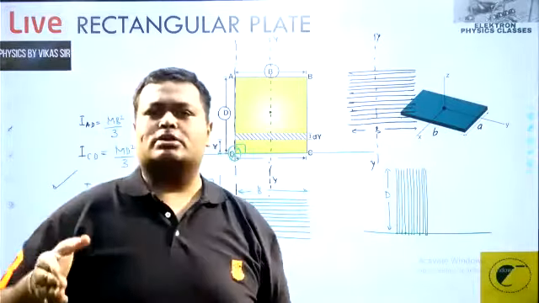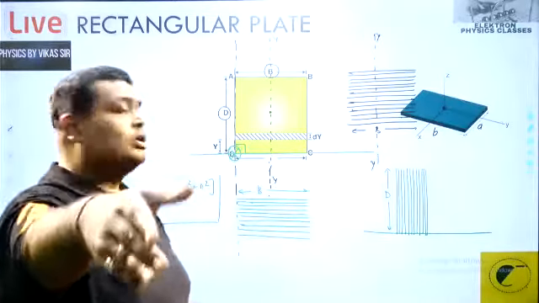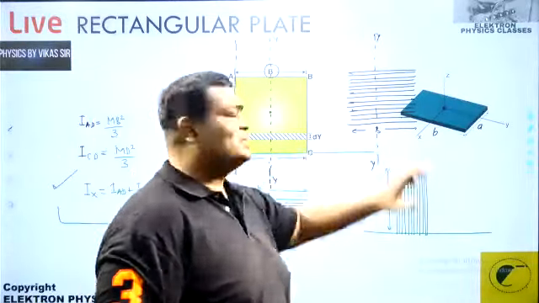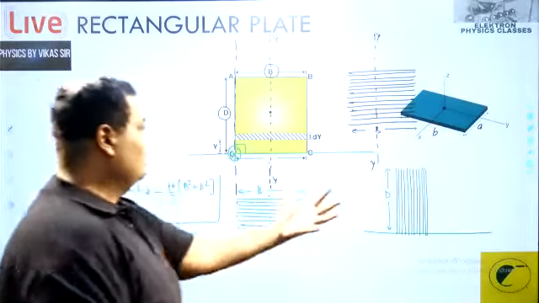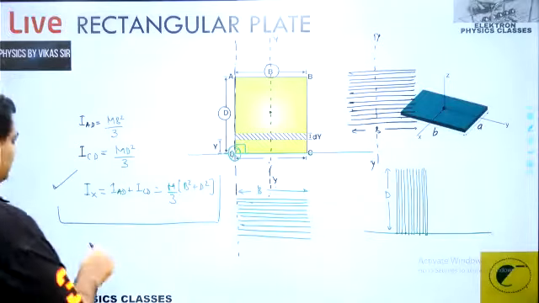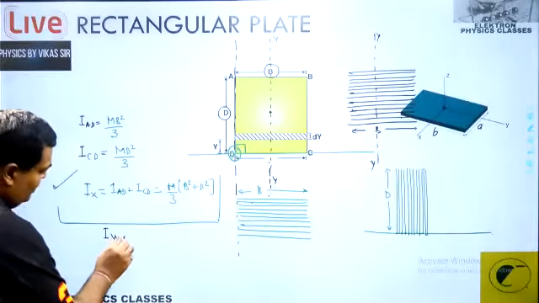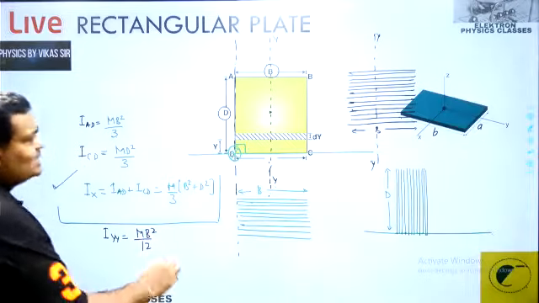So what's the moment of inertia? ml square by 12. You do remember, because the limits change, minus L by 2 to plus L by 2. So it becomes ml square by 12. And over here, L is how much? B. And therefore about this YY axis, I'll get the result equal to ml square by 12, where L is equal to B.